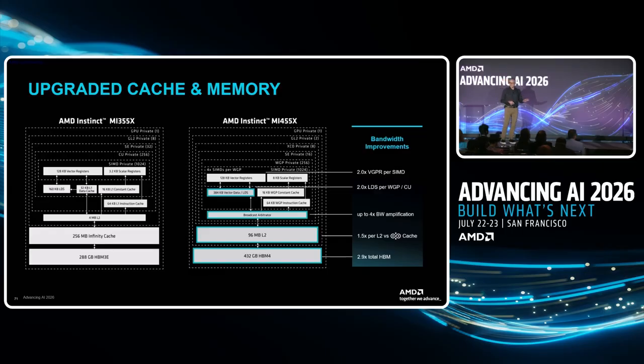So that's the key cache hierarchy and organization change. And the result of this is that each of these L2 caches independently can deliver 1.5 times the bandwidth of the aggregate bandwidth of the Infinity cache in MI355. Then what we do on the Infinity Fabric side is we maintain cache coherency, hardware enabled, of these two L2 caches so that you don't have to worry about that as a programmer, right?